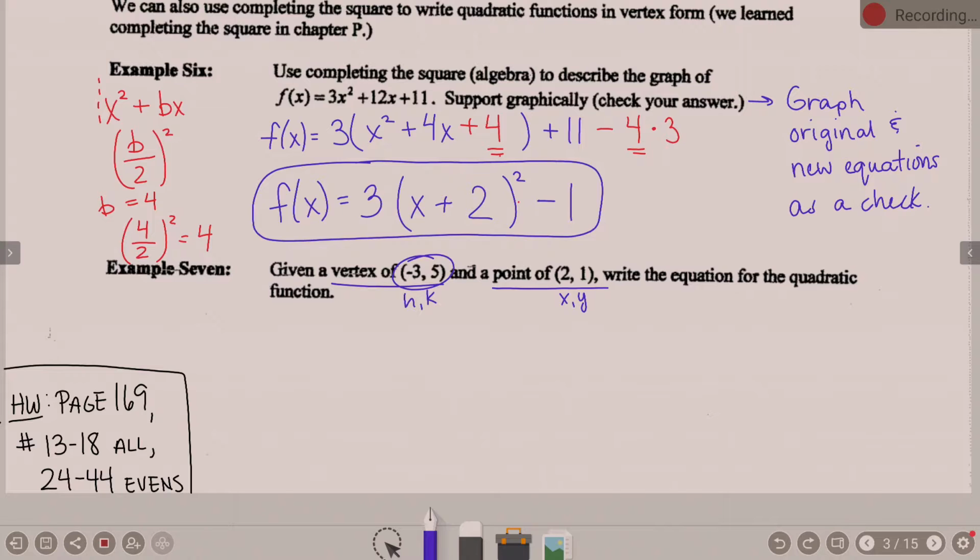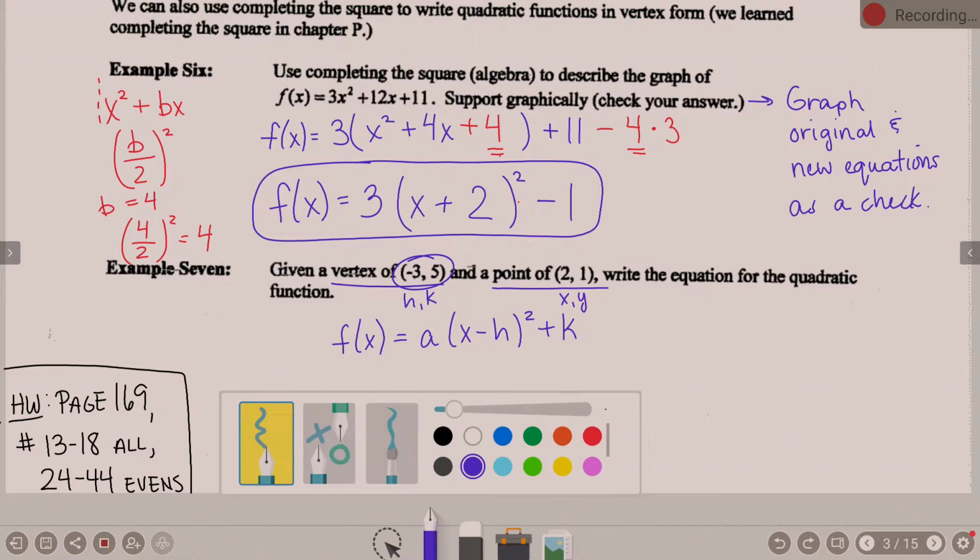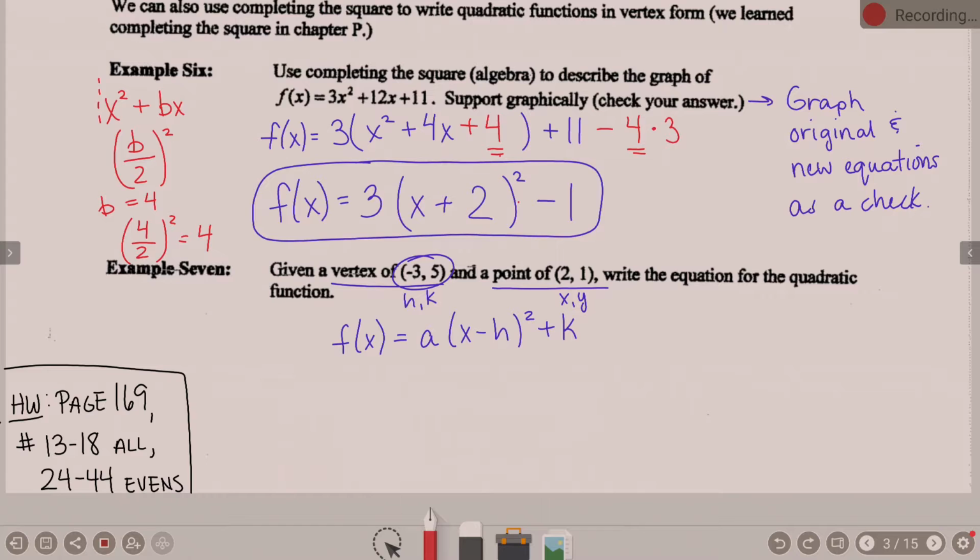Write the equation for the quadratic function. Well, when they give you the vertex, we need to talk vertex form. So f of x equals a times x minus h squared plus k. In order to write this, we need to know a, h, and k. We know h and k, yes. The trick is we don't know a.